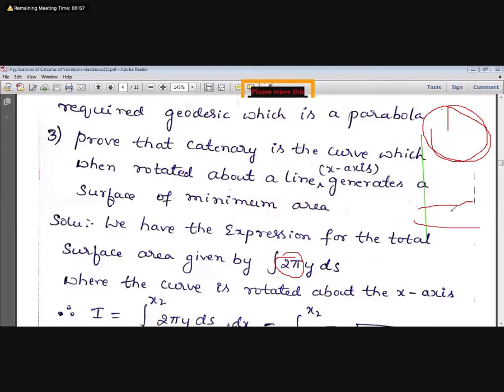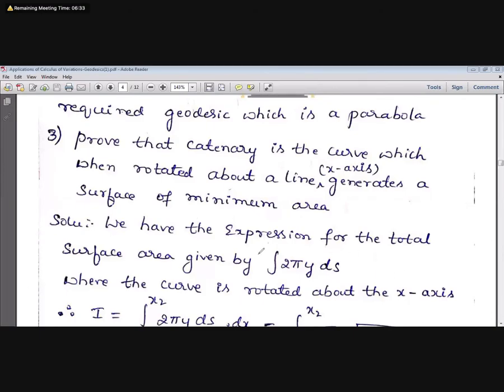Similarly, for this, rotate this, come back to this line only. Not like this. Along the x-axis means this becomes the center. Like this, you have to rotate. So that we need to prove as a catenary.